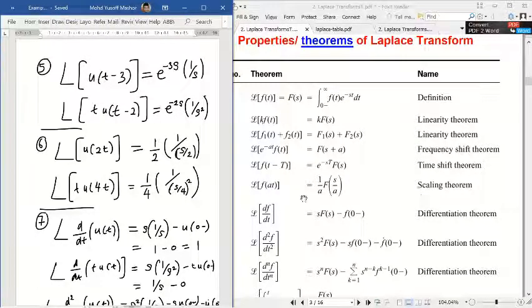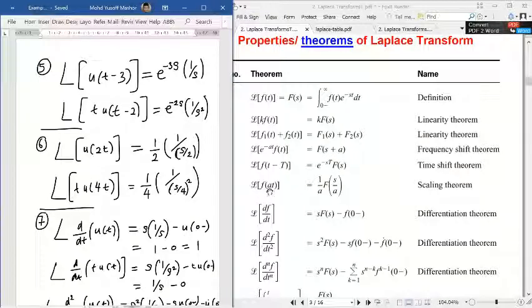Okay, the next one is the scaling theorem. This scaling theorem is different from the previous one, because there k is outside the function, but in this case the a is together with the t. So it's a different case. There, the constant k is outside the t operator, but here it is inside the bracket.